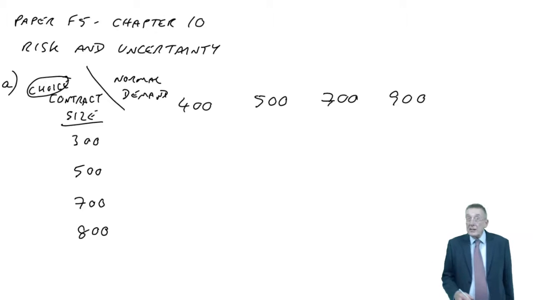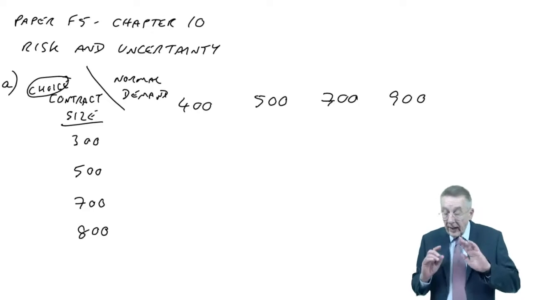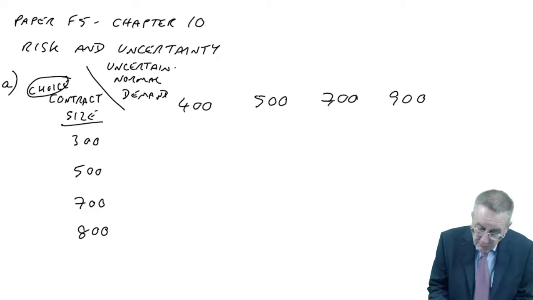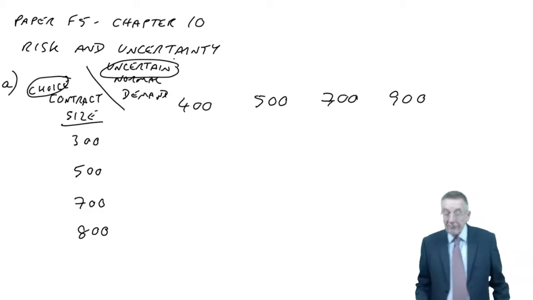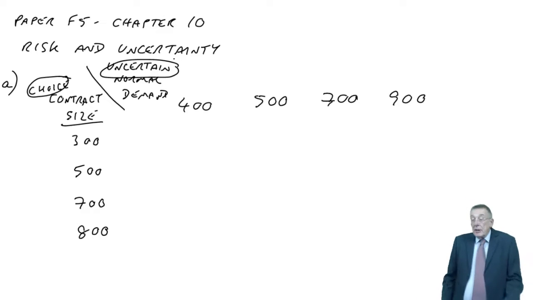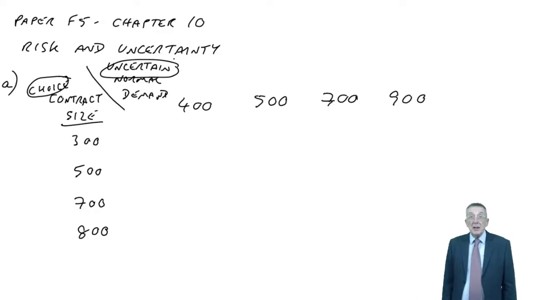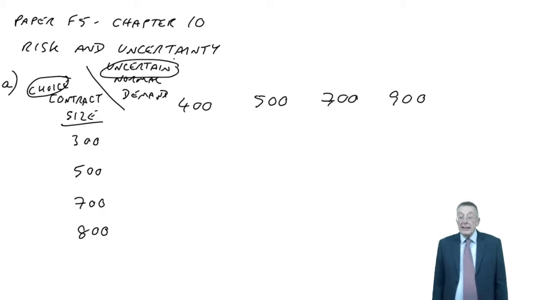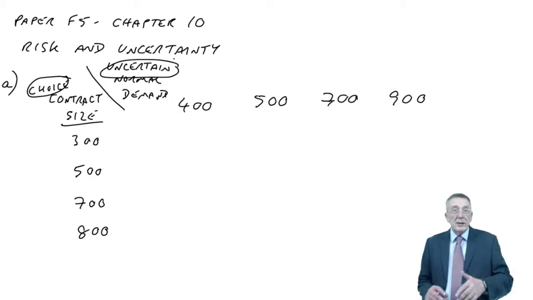And remember, the normal demand, that we cannot choose, that is uncertain. There's risk. And so a combination of those two means in fact there are 16 possible outcomes that could result. And we've got to run through and calculate what the profit would be for each combination.